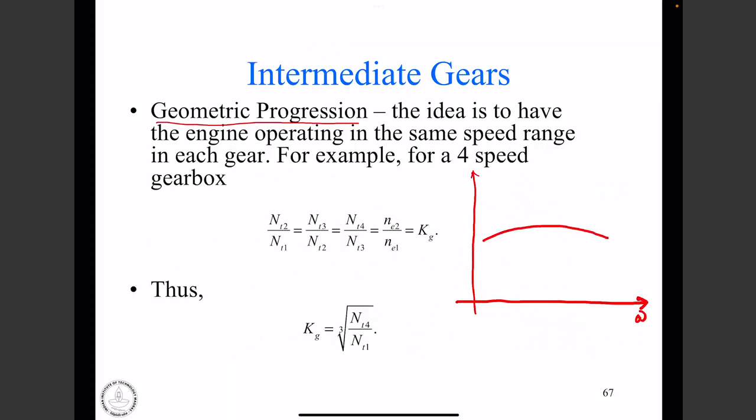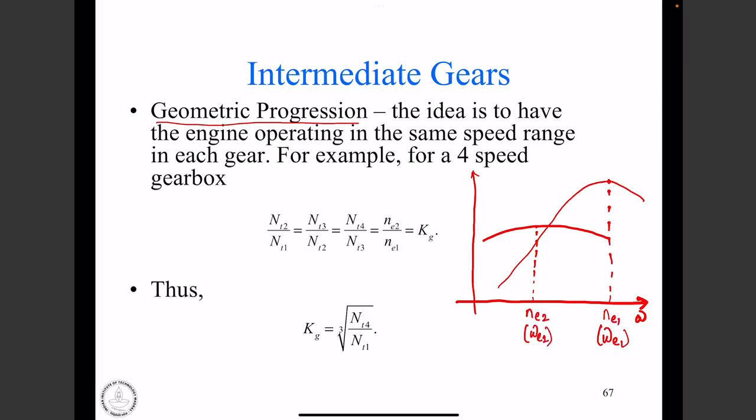Let's say this is the torque speed, this is the rated torque, and this is the power speed characteristics, and this is where we get the rated power. Let's call this NE1 in RPM, omega E1 in radians per second. Let's call this speed NE2 and omega E2.